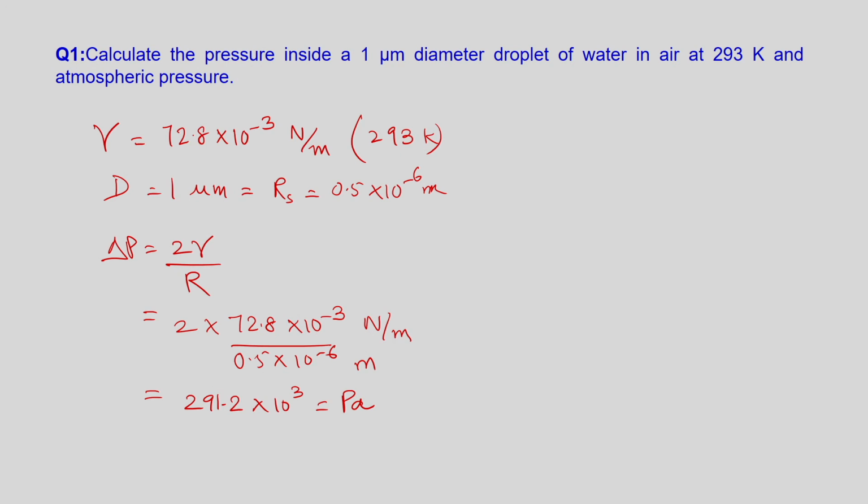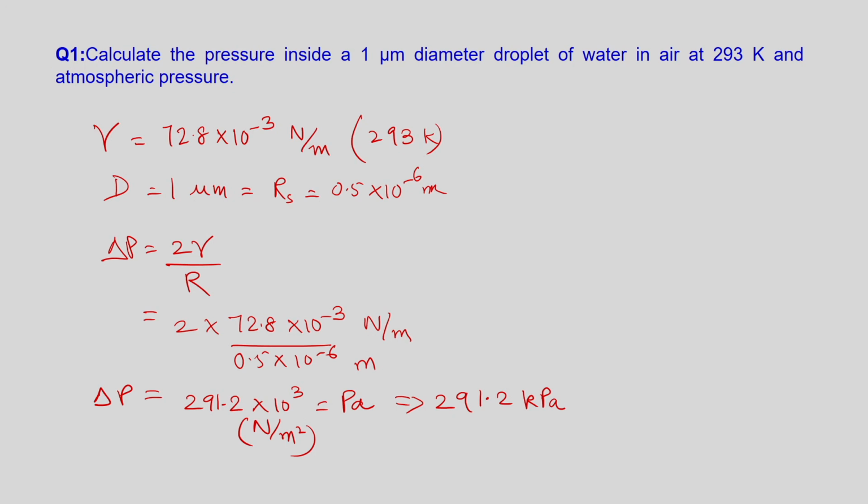Because it is Newton per meter divided by meter, it will be Newton per meter square, which is pascals. Now, I can convert it into kilopascal, it is 291.2 kilopascals. Now, this is the pressure difference. Our question is, what is the pressure inside? So, it means this particular pressure difference is also able to withstand the atmospheric pressure.